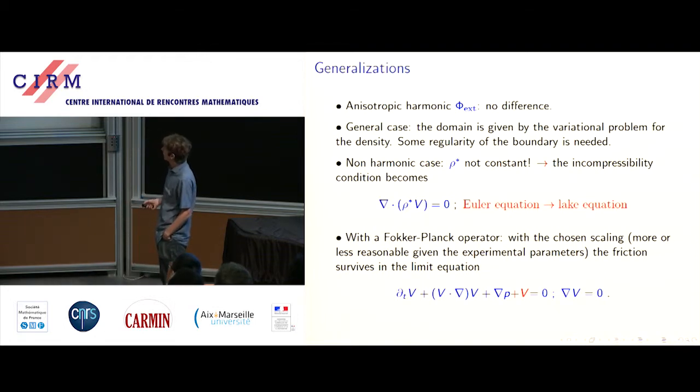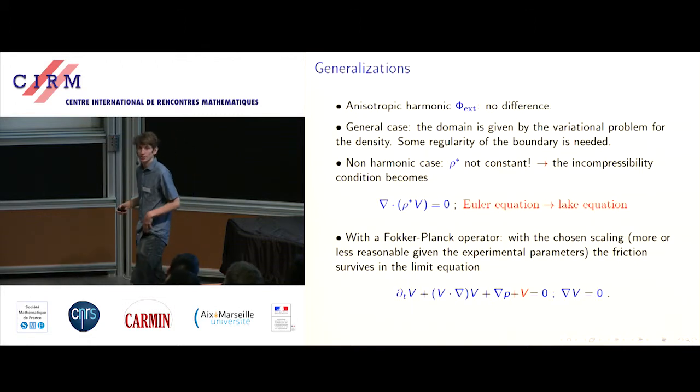And then, okay, one more generalization is adding a Fokker-Planck operator. If you choose the right scaling, and I will turn to that later on, then not much changes in the proof, and in the Euler equation you have to add this red term here, which is just friction, right?